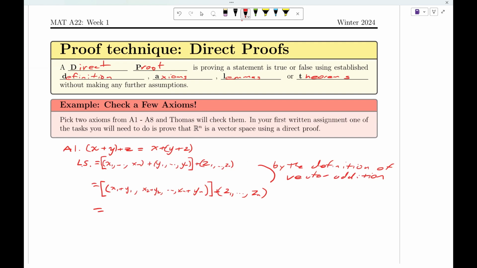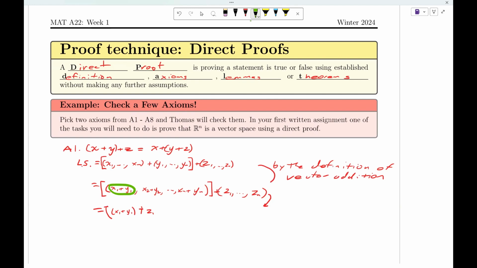Okay? And now from here to here, I'm going to use the definition of vector addition again. But I get (x plus y) all plus z1, because it's this whole thing as a group. We're now treating this here as if it's a single group.